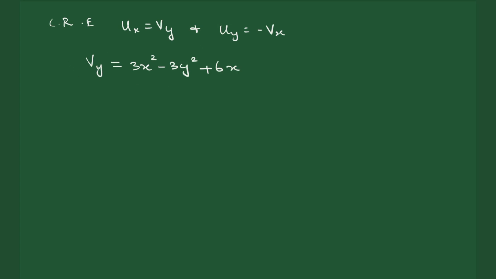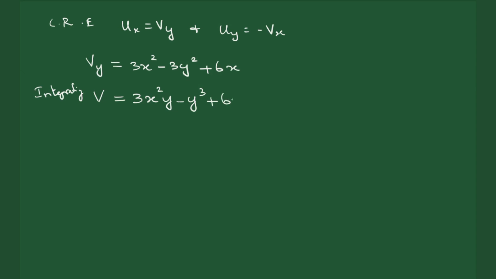We have to find V, so we integrate this with respect to y. While integrating partially with respect to y, the first term becomes 3x square y, and the term in y square integrates to y cube by 3, where the 3 cancels, so we can write it as minus y cube directly.